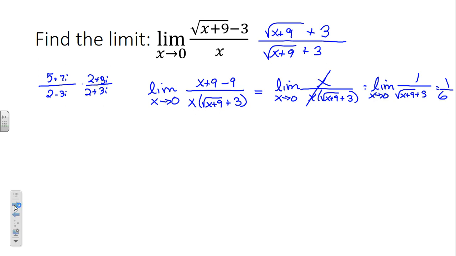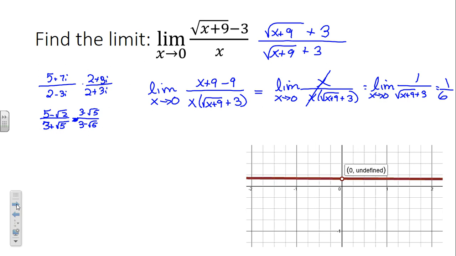Okay? So it's the exact opposite of whatever we're trying to eliminate. Or same thing with 5 minus the square root of 2 over 3 plus the square root of 5. We're going to have to multiply top and bottom by 3 minus the square root of 5. Same idea. Okay? All right, so what would this graph look like?